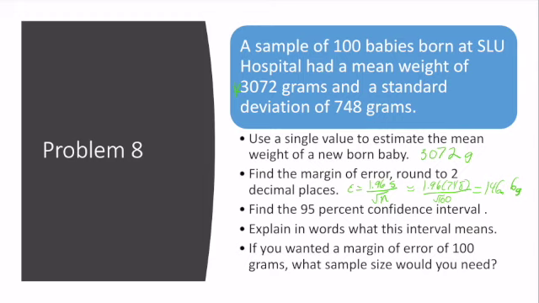Next, I'm going to find the 95% confidence interval. Let's go ahead and do that up here. Remember, my confidence interval is my mean minus my error, and my mean plus my error.